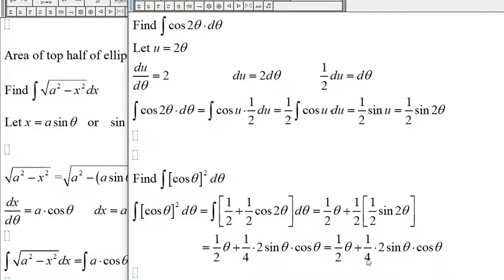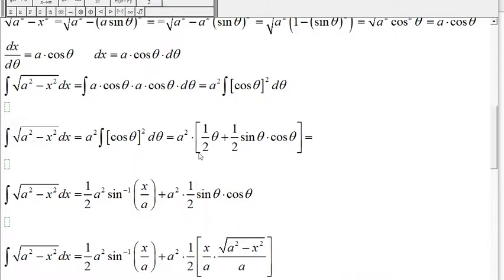A 4 times a half is just 1/2. So the integral of cosine squared is 1/2 theta plus 1/2 sine theta times cosine of theta.